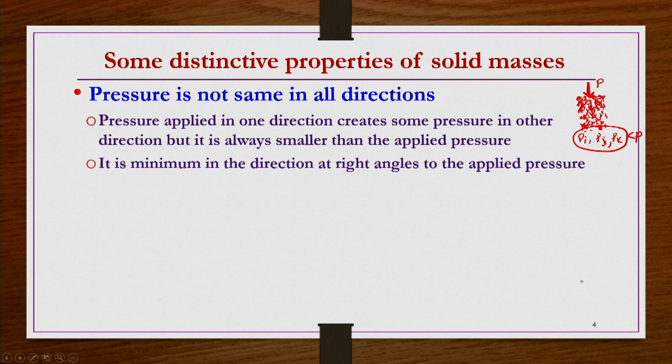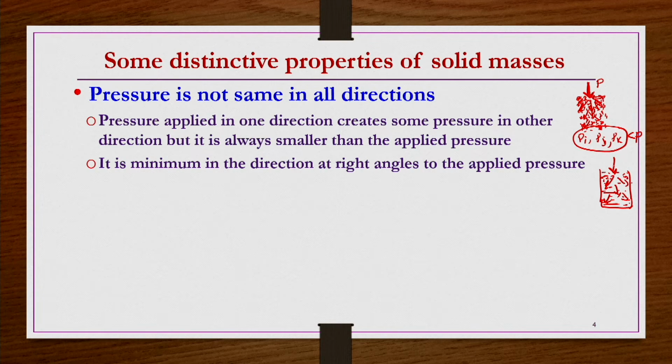Then it is minimum in the direction at right angles to the applied pressure. Let us say this is the solid mass that we have here, and you are applying pressure here. This pressure is being distributed in all possible directions, with a different magnitude in each direction.